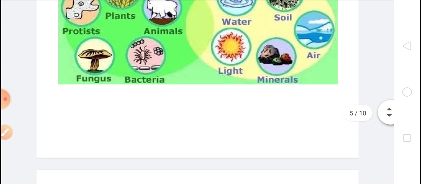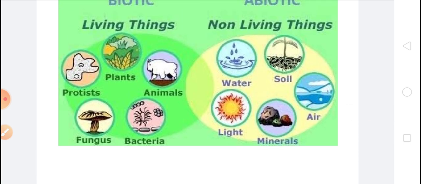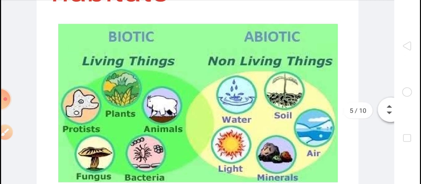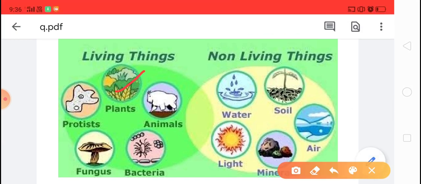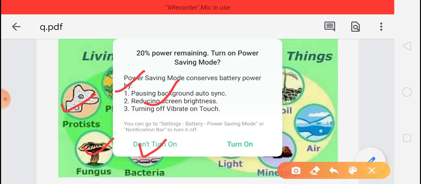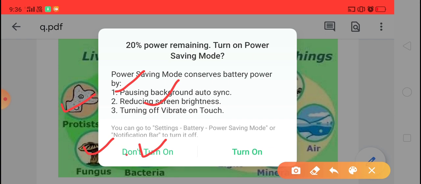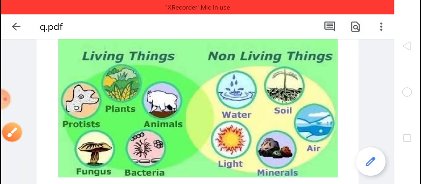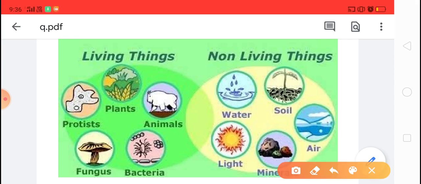Biotic components are plants, animals, and microorganisms like bacteria, fungi, protists, etc. Non-living things or abiotic factors are water, soil, air, light and minerals.